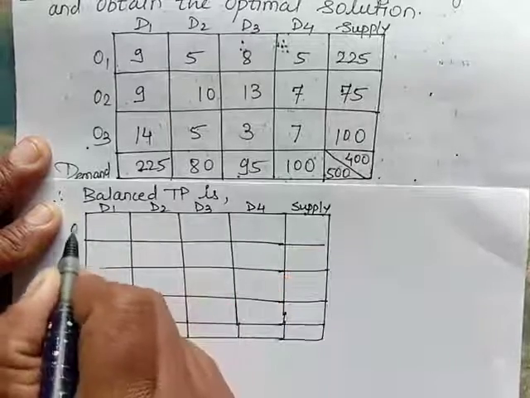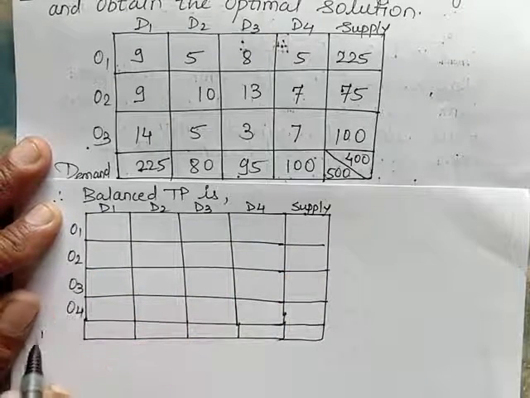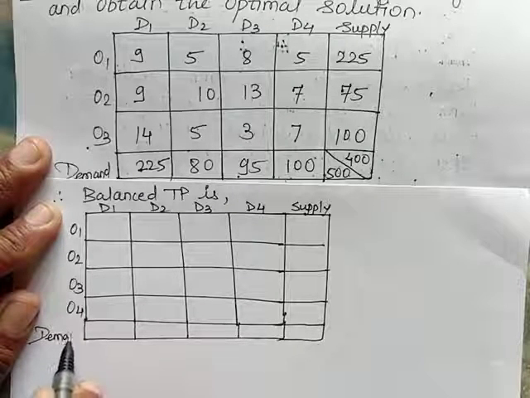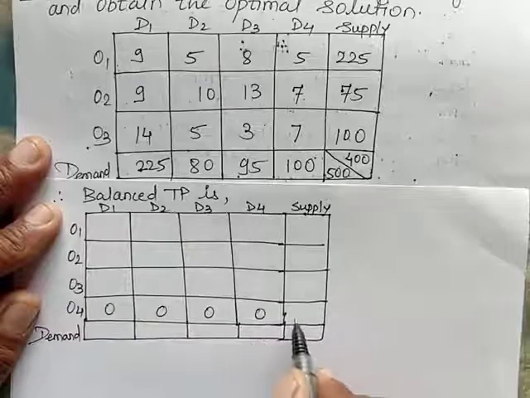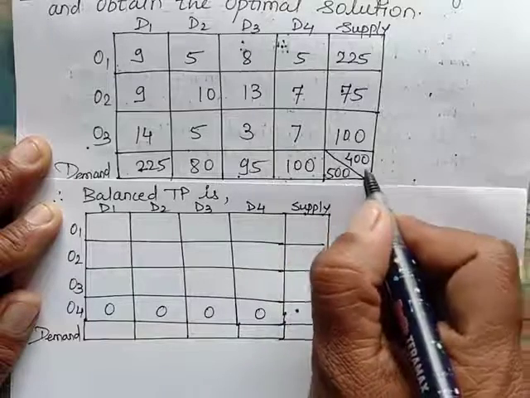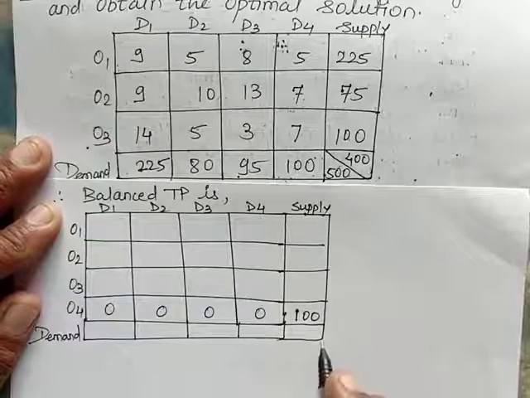Here O1, O2, O3 and O4 and demand. Now for O4 all the costs are 0, but the supply is how much? 500 and 400, the difference is 100. So here supply 100 will be less.